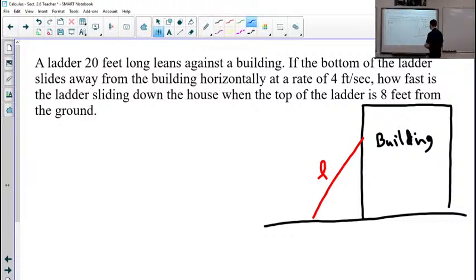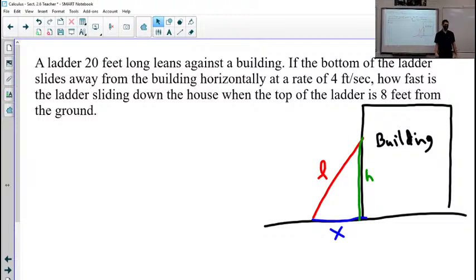And then I'm going to label this distance right here X. And the height of the building I'm going to label as H, for height of the building.